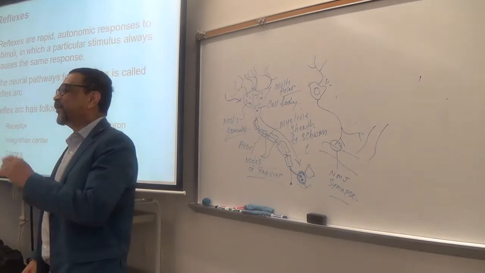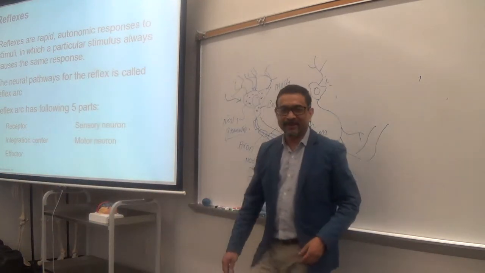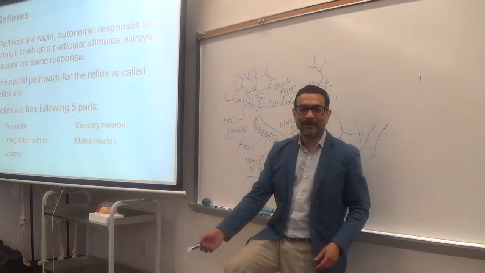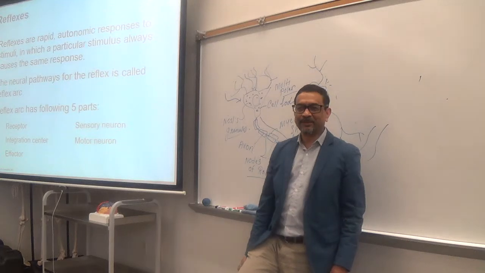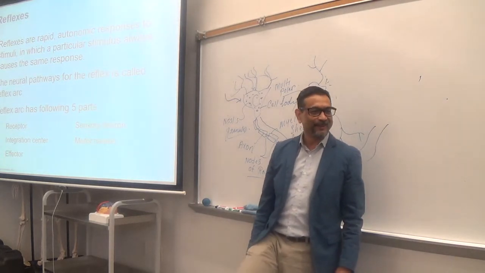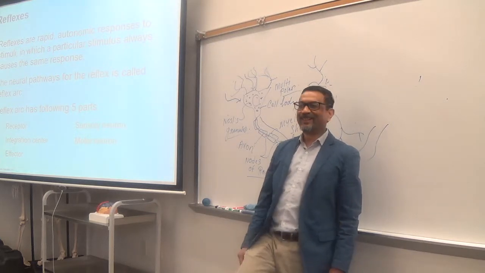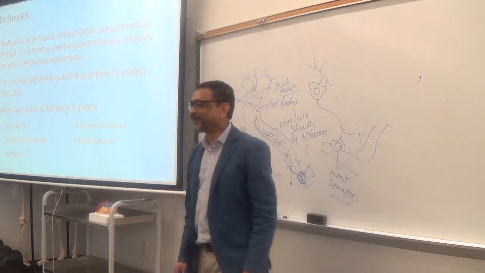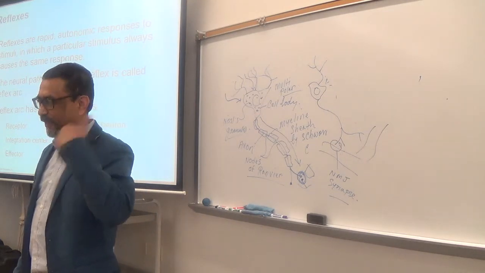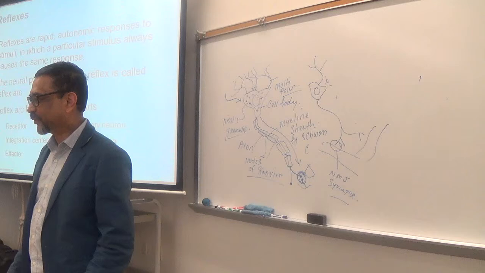So now, if I hit your patellar ligament here, and if you just voluntarily do that to show that you have reflex, right? Is that reflex? That is not reflex, okay? So it must be involuntary. Brain should send signal.